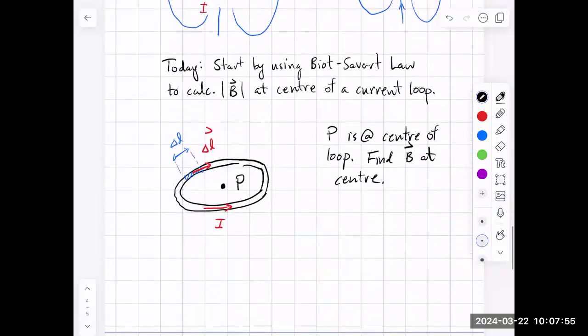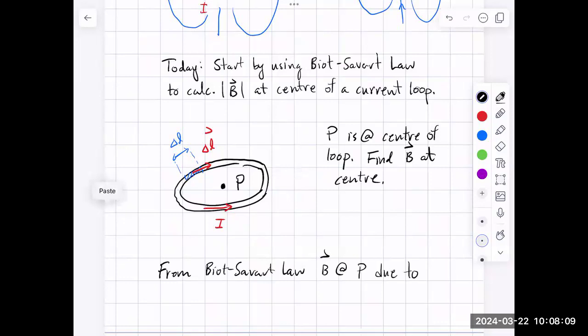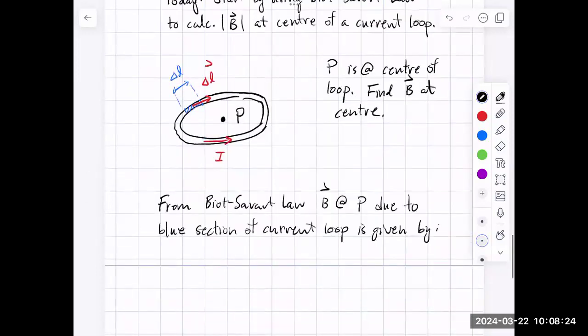So from the Biot-Savart law, B at P due to the blue section of the current loop is given by, say B_1, if that's little segment 1, the constant out front was mu naught divided by 4 pi.